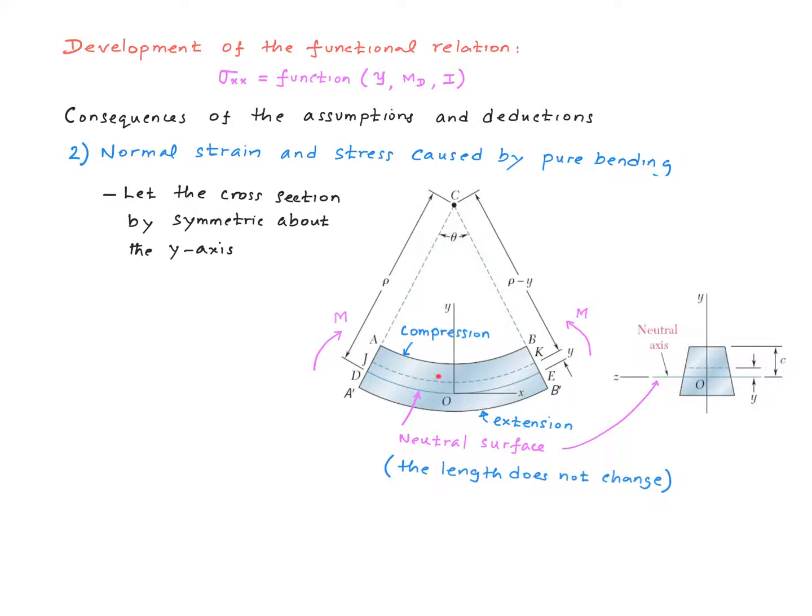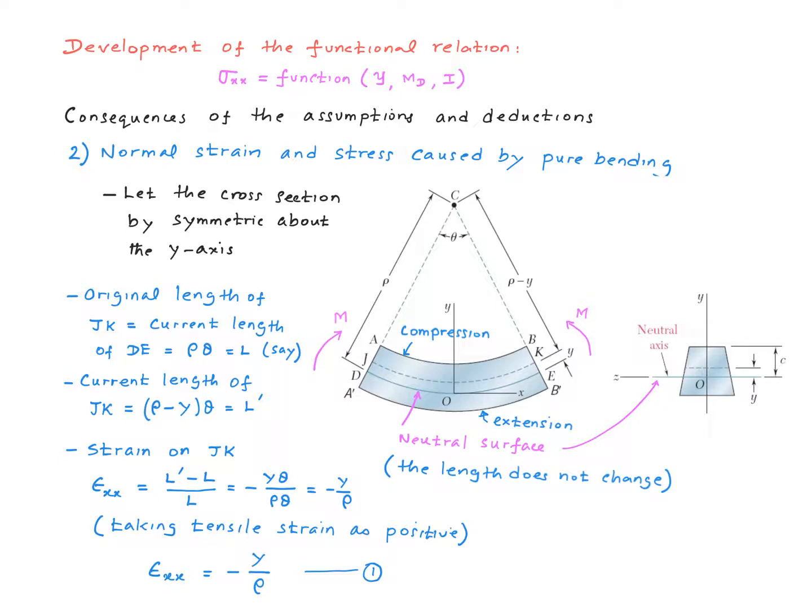Now we can see this fiber represented by the dotted line has shrunk a little, so it has become smaller. So let's go ahead and calculate the strain on that. Remember, normal strain equals the change in length divided by the original length, right? So here's a little analysis that I have done, which led to this relationship for the longitudinal strain epsilon xx.